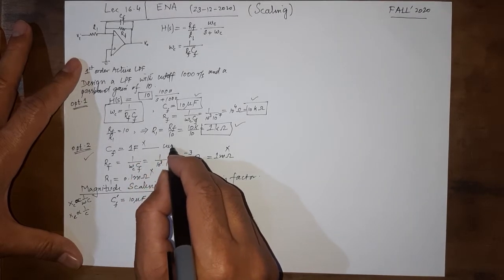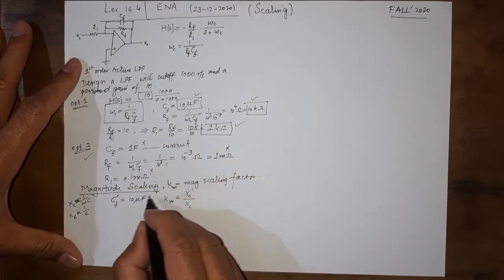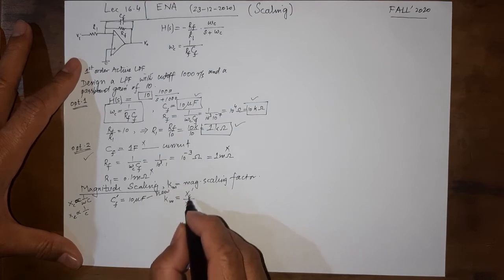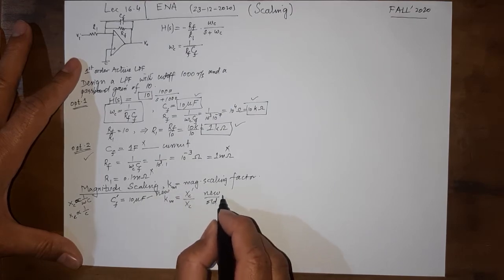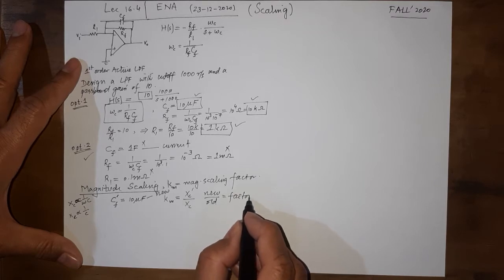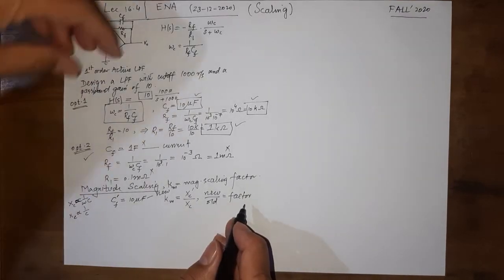This is the current one, this is the new one. So new divided by old is the factor that we are dealing with here.